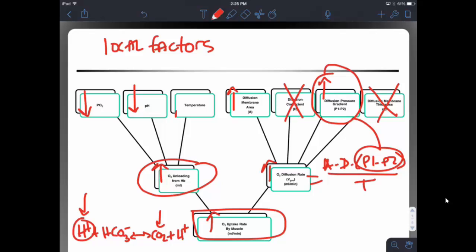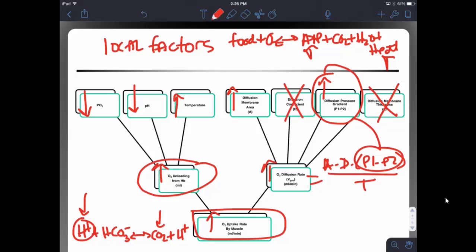The third factor was temperature. Remember that when we are doing work, we're producing heat. We produce heat in aerobic metabolism and anaerobic metabolism. When we're making more ATP, we're producing more heat. We also get friction between the muscle fibers.